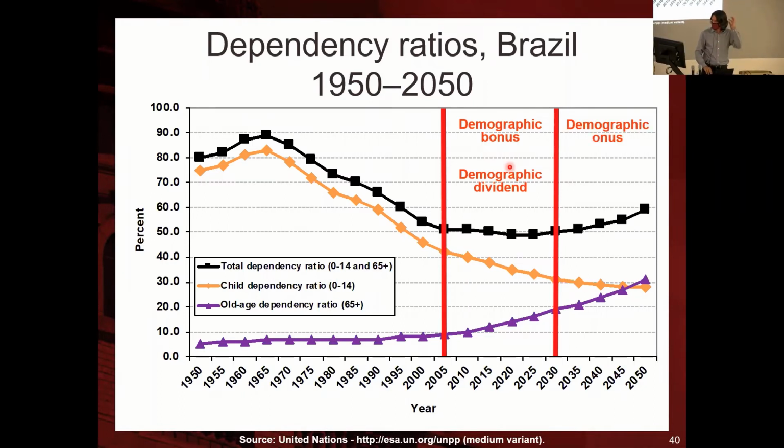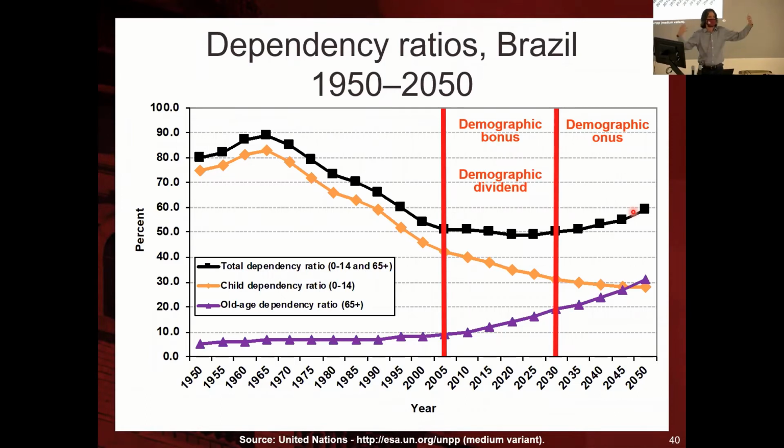Some demographers also say if you do not take advantage of this moment, when people are working, they don't save to have money later in life. When they reach older ages, they will put a lot of pressure on the society in terms of Social Security because they don't have enough savings.